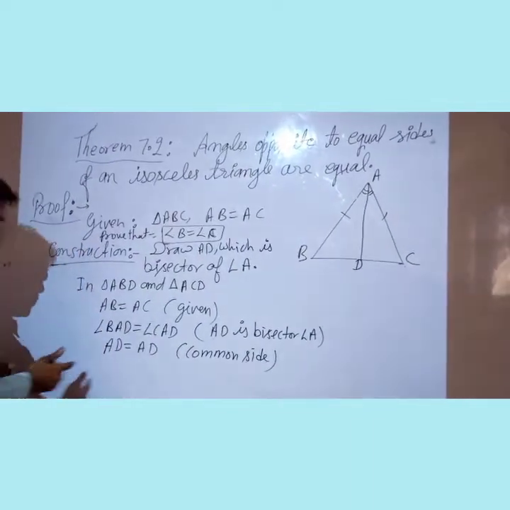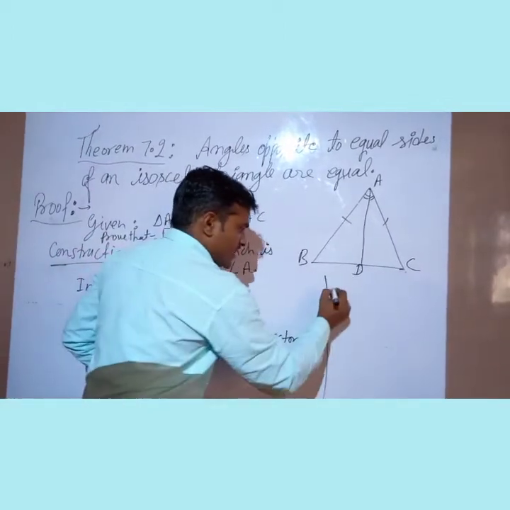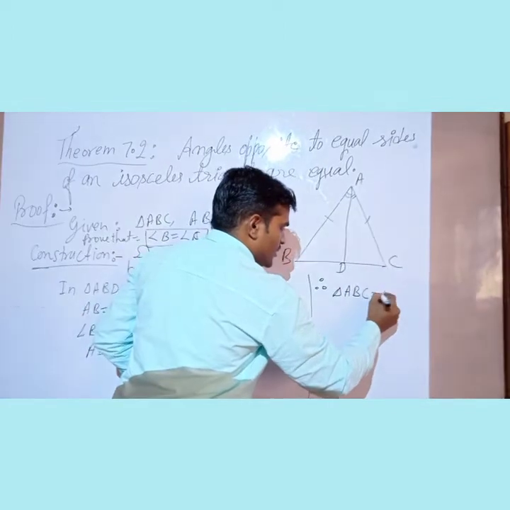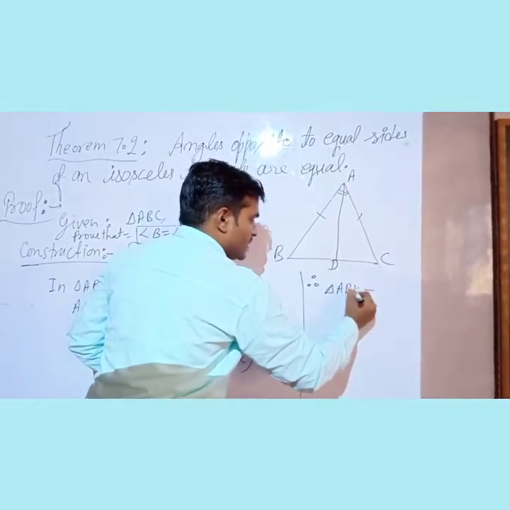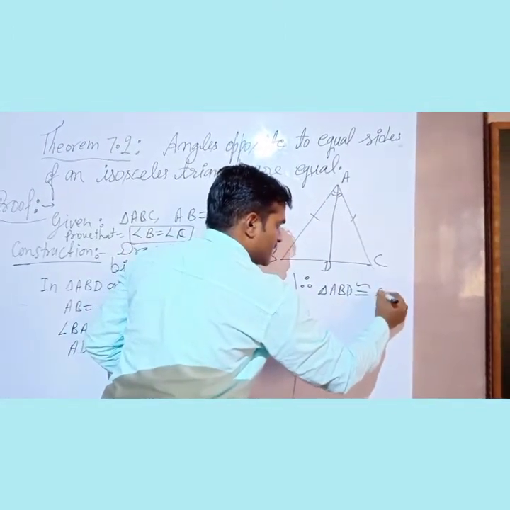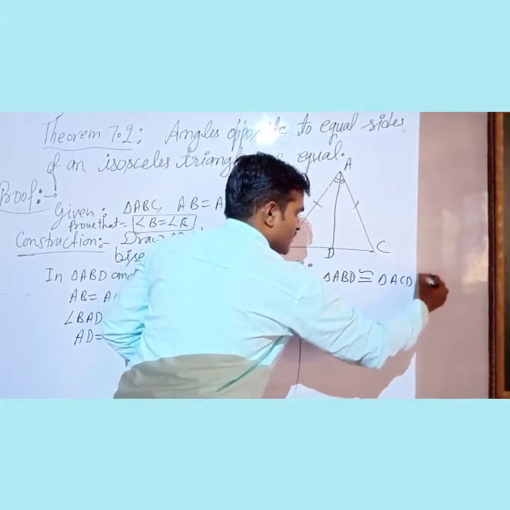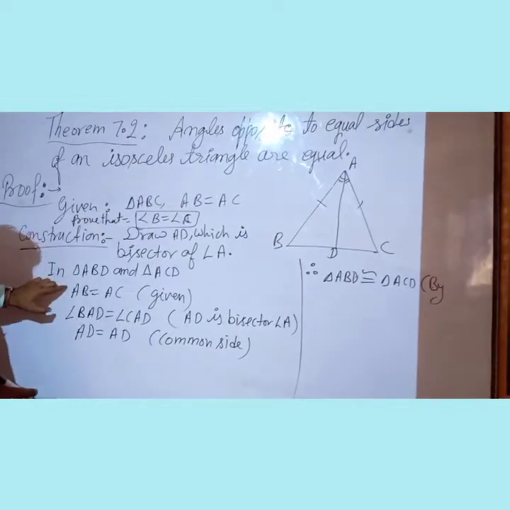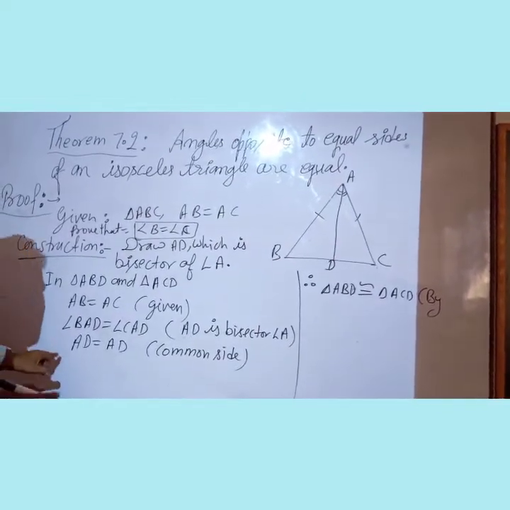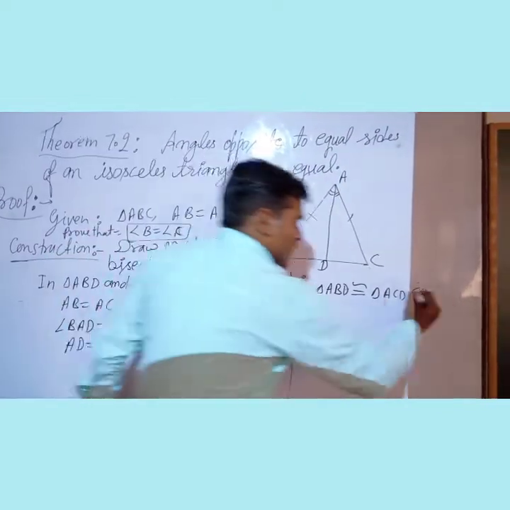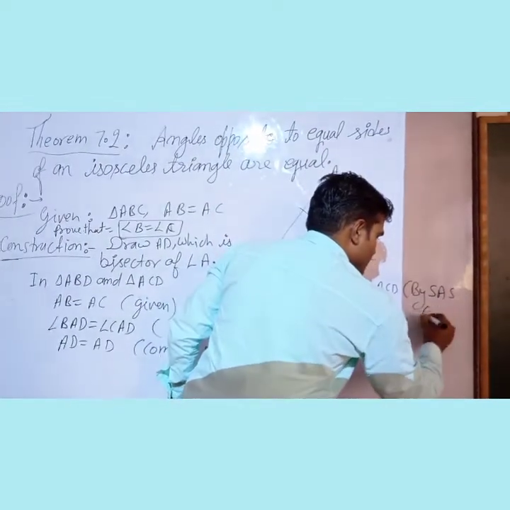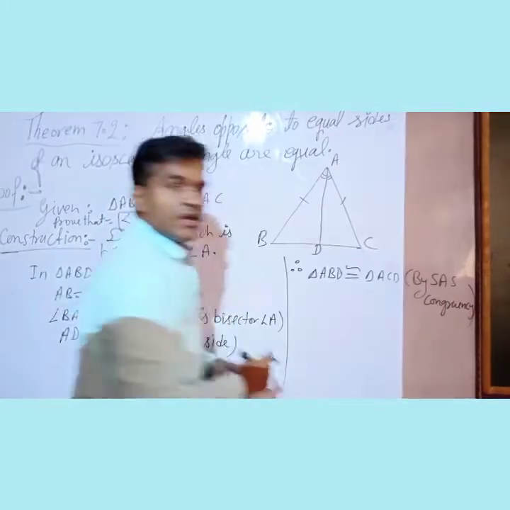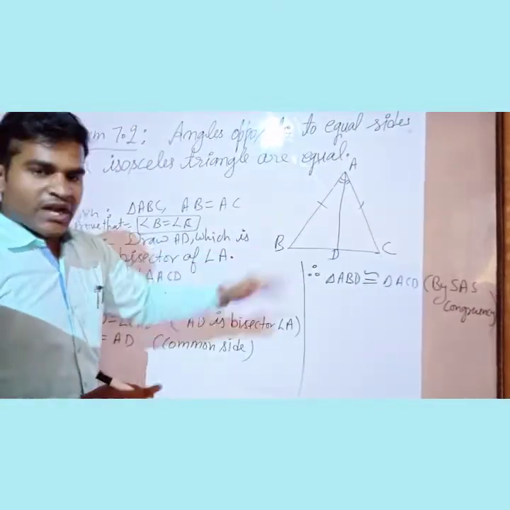So we will write there: therefore, triangle ABD is congruent to triangle ACD by which criteria? You have to write SAS congruency criteria. So by SAS congruency criteria, these two triangles are congruent.